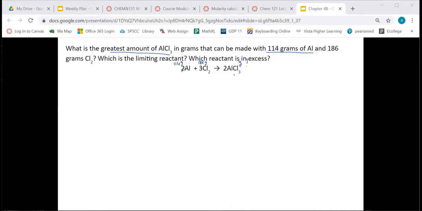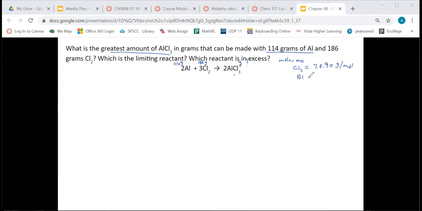So that's given. And we know that there are 2 moles, 3 moles, and 2 moles. So those are the things that you know. And I have molar mass. Molar mass of chlorine is, because it's Cl2, 70.90 gram per mole.